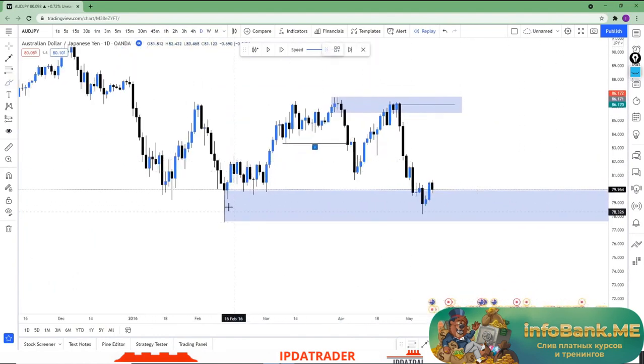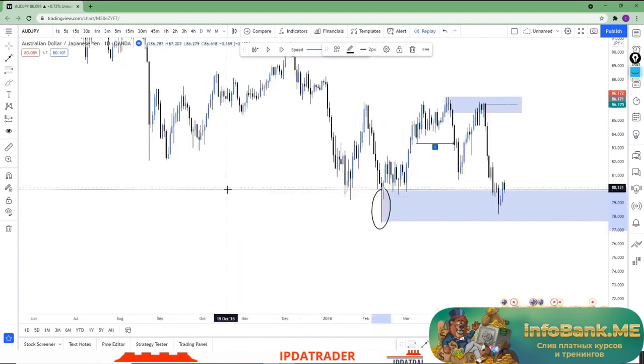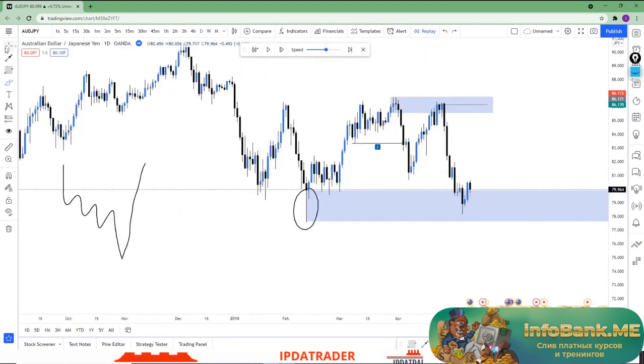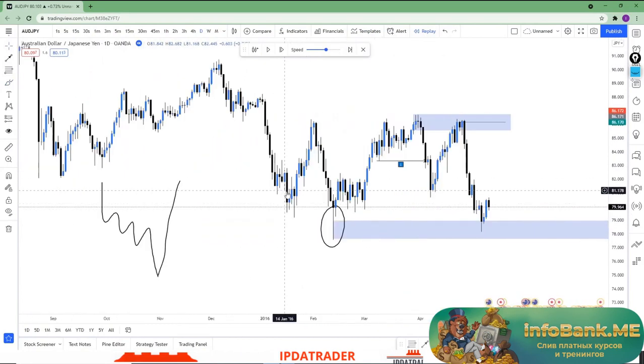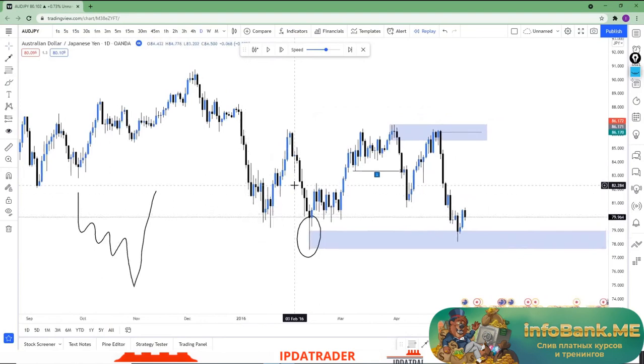Why? Because what this wick represents is actually something like this, right? You had price coming down and boom, all of a sudden it reverses and leaves this wick. So this is essentially, if you zoom into a lower time frame, you can probably see an order block here, right? So I would actually mark the wick or maybe the 50% depending on how you trade, and you can actually go ahead and use this order block as a buy confirmation, right?